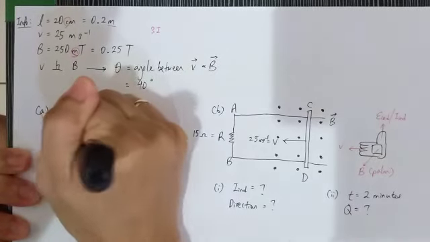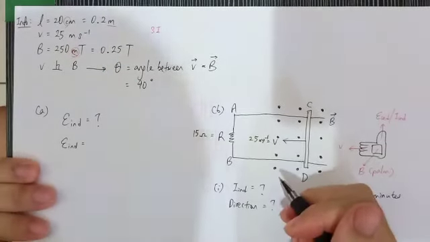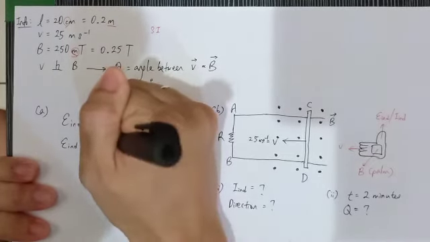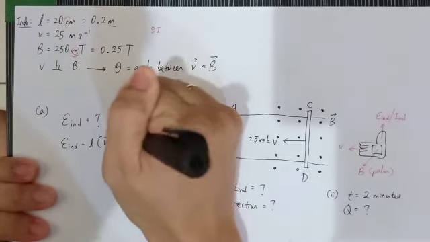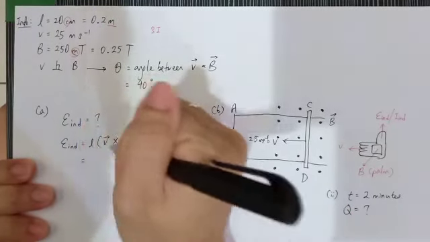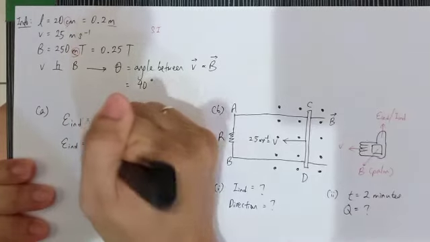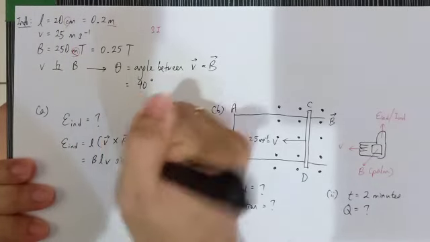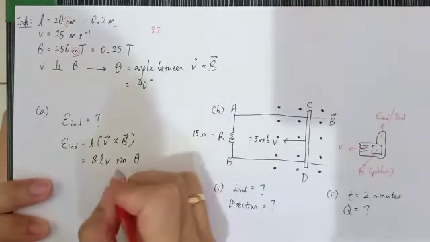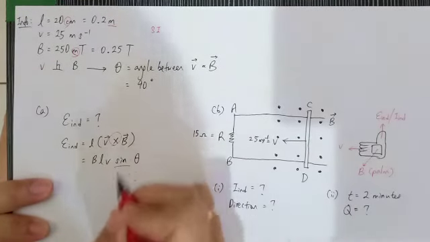The formula for the induced EMF for a moving conductor is L multiplied by V cross B, or we can say it is BLV sine theta. We use sine theta because it is a cross product.